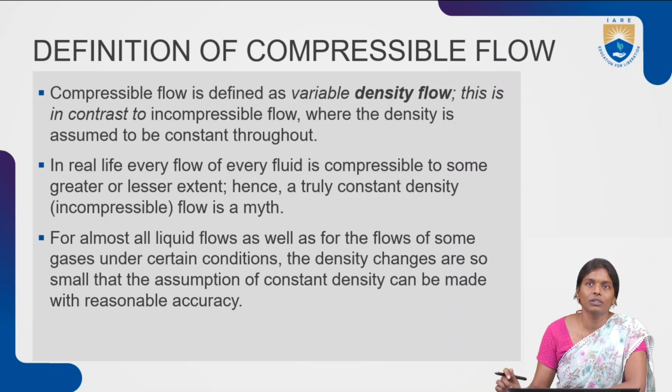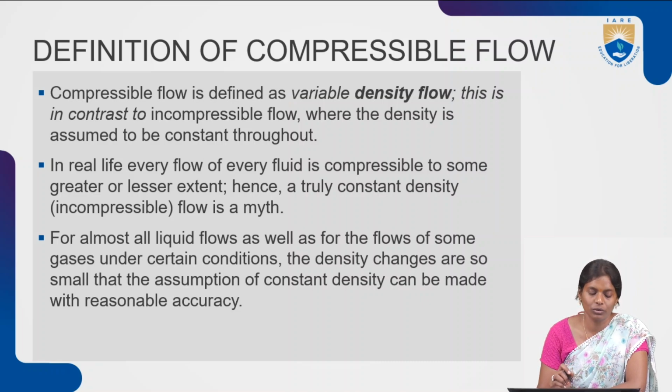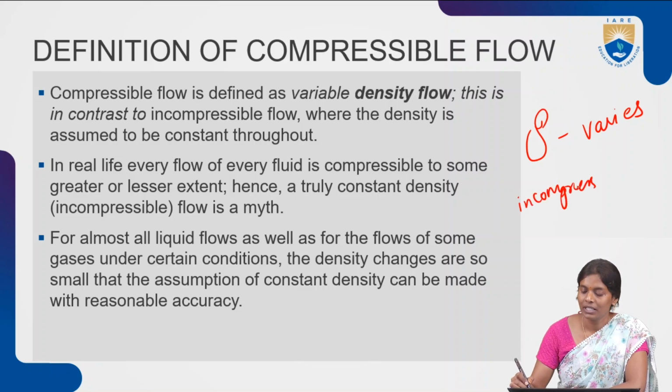So what is the definition of compressible flow? Compressible flow is defined as a variable density flow, in contrast with incompressible flow where density is assumed to be constant throughout. So the basic definition of compressible flow means density varies, that is, rho varies, whereas in incompressible flow, we say that density is constant.